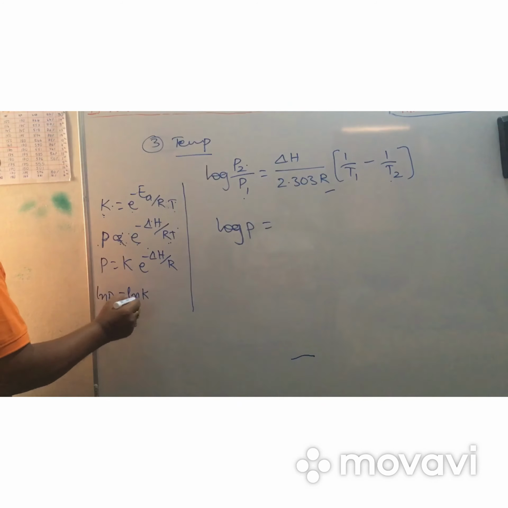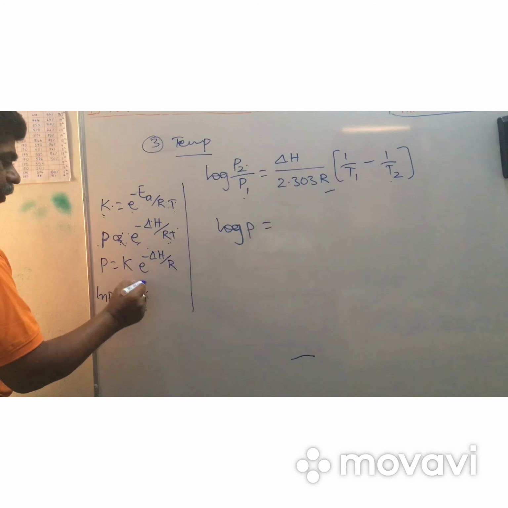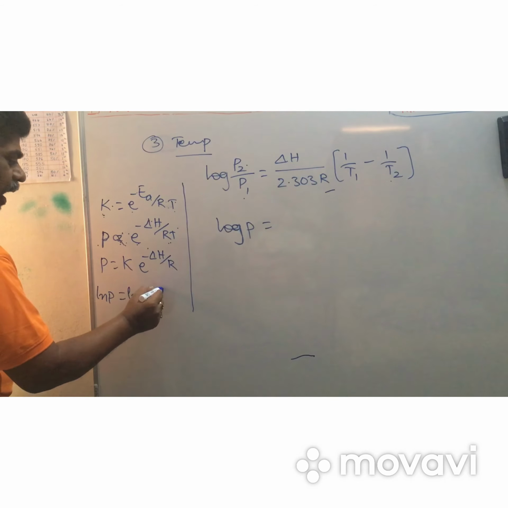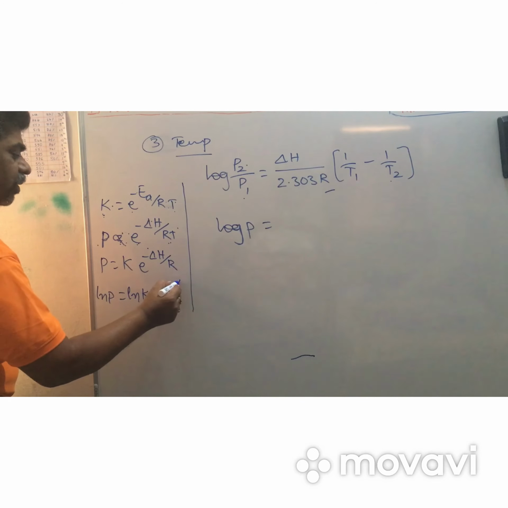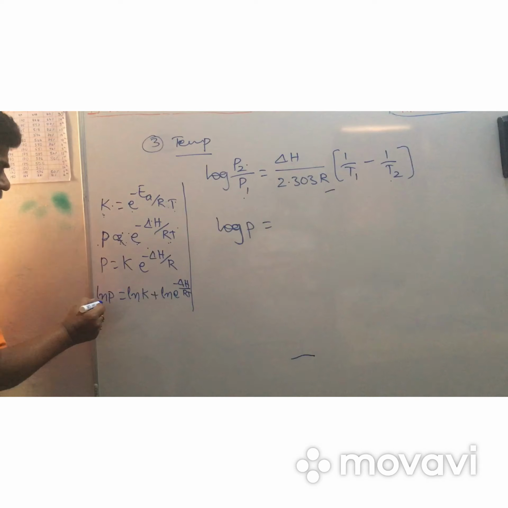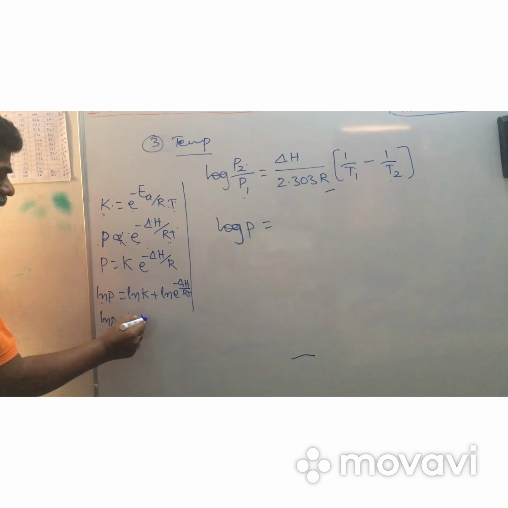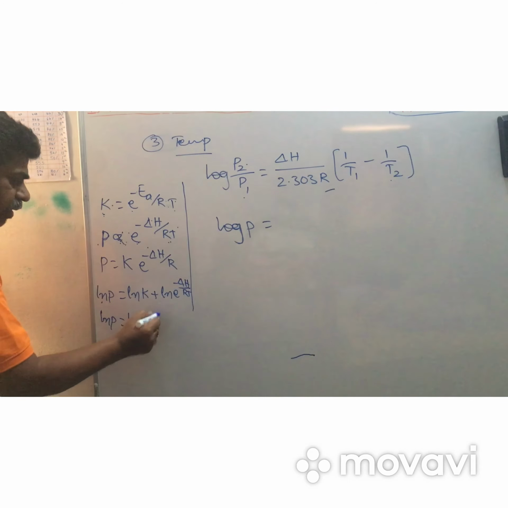ln P is equal to ln K plus ln e to the power of minus delta H by RT, and ln e cancels, so ln P is equal to ln K minus delta H by RT.